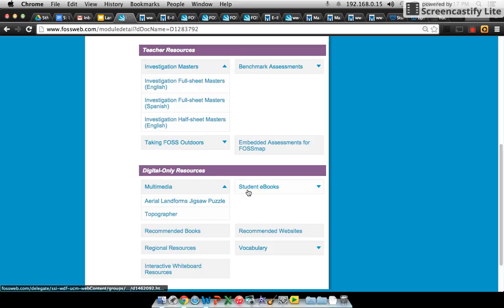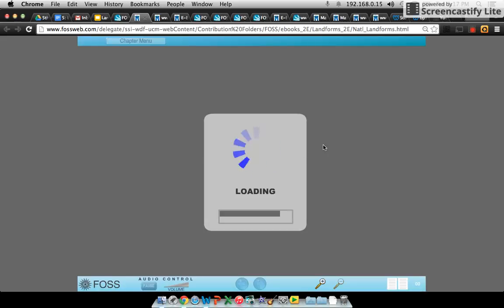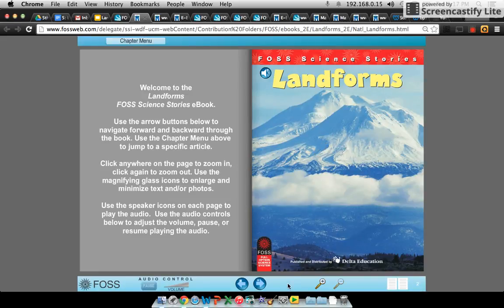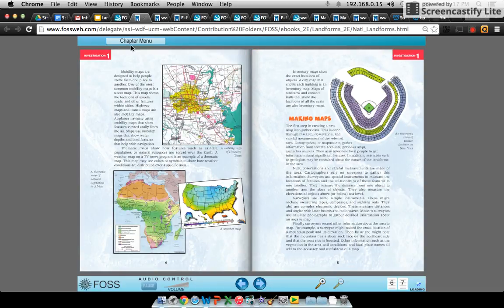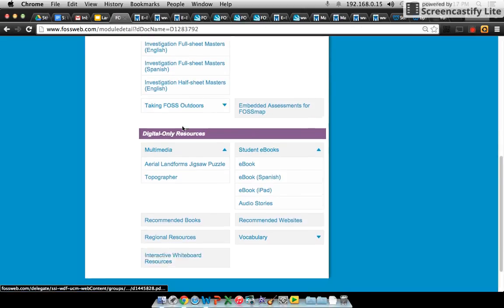Multimedia activities, student ebook, that is the science stories, and many more valuable resources.